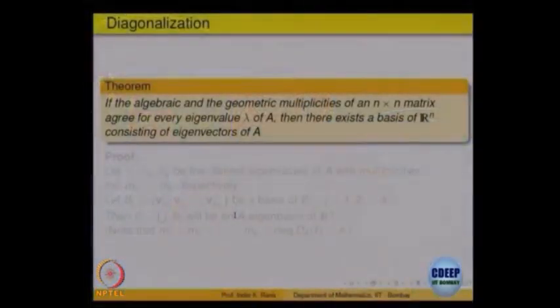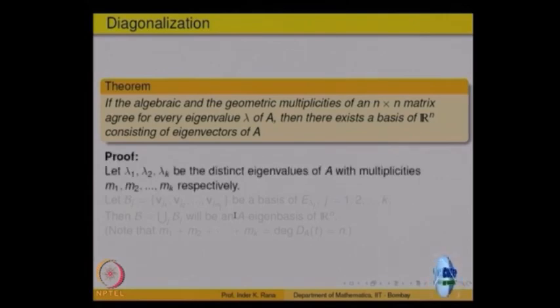So, the theorem says that if the algebraic and the geometric multiplicities of a matrix agree for every eigenvalue lambda, then there is a basis consisting of eigenvectors, and hence the matrix is diagonalizable. It is quite clear what the proof is.